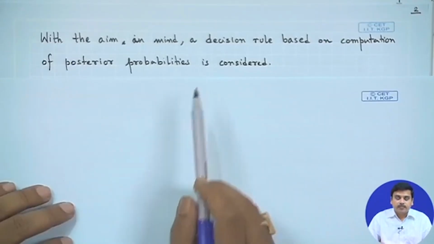Now why is it so? Because we already have observed a particular signal. Based on the observation, we want to know what has been transmitted. So what was there at the source based on what has happened after passing through the channel. That is why we call it the posterior probabilities.